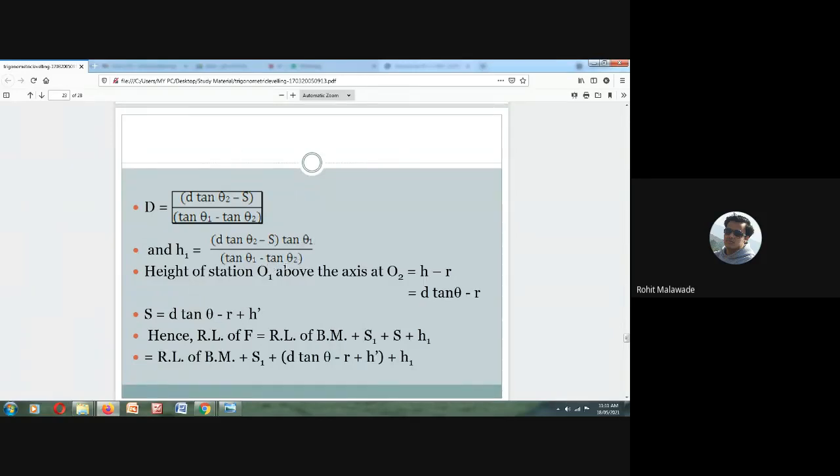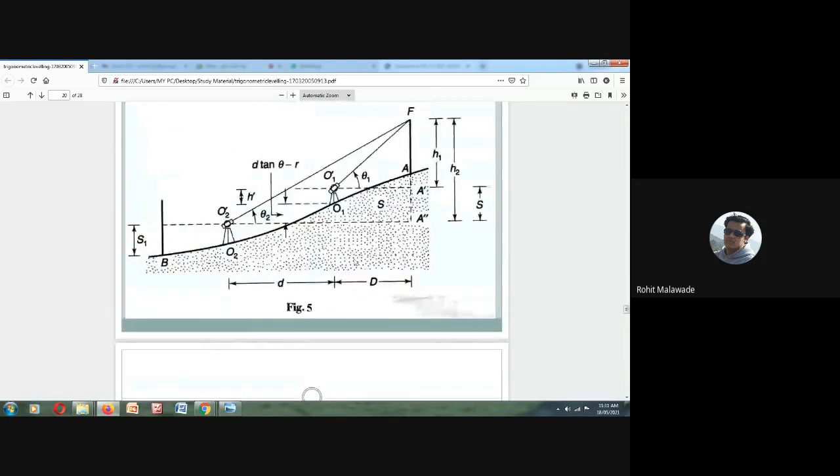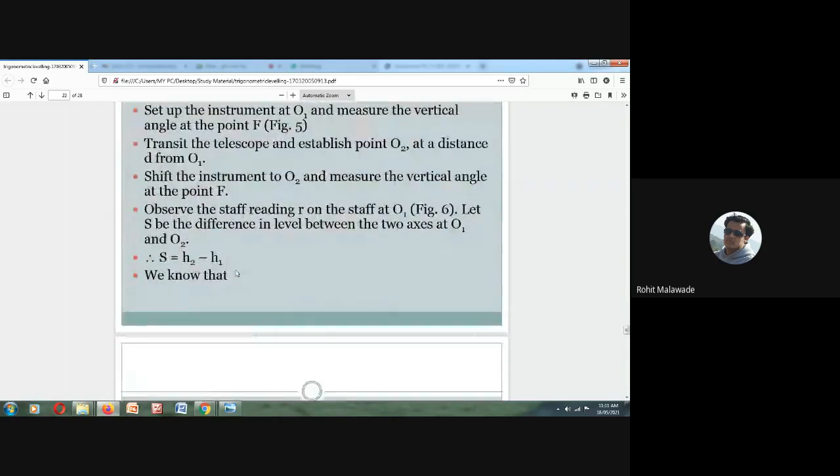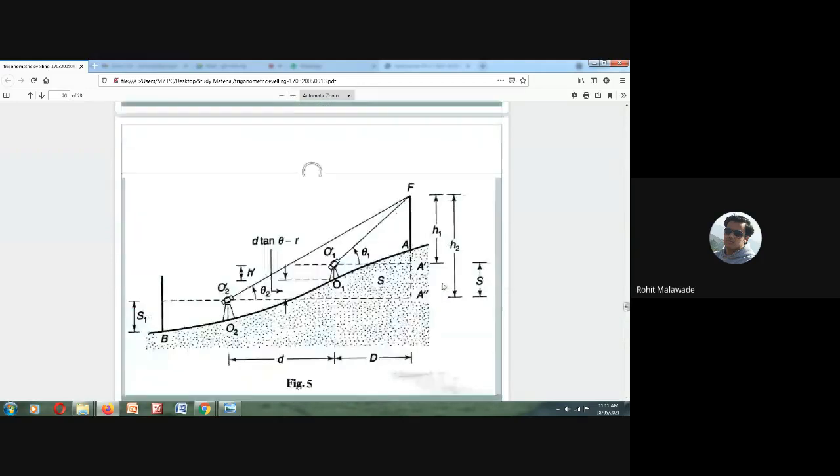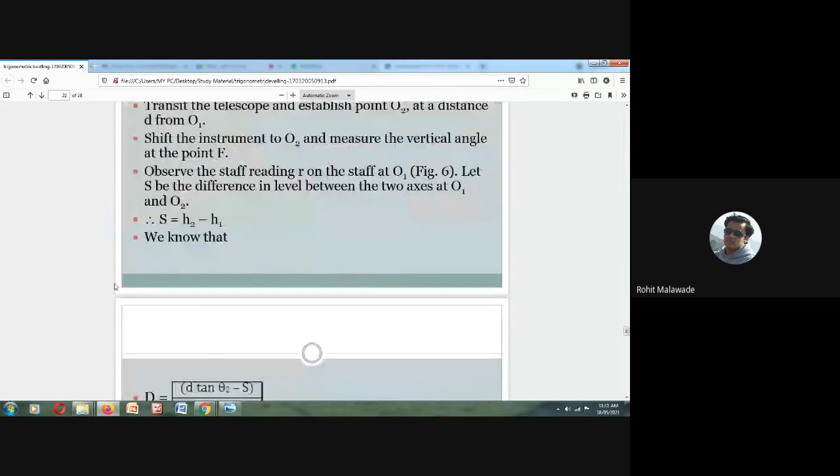This particular thing we need to keep in our mind in order to solve it. D also we should know, and this D can be calculated by using the formula D tan theta 2 minus S divided by tan theta 1 minus tan theta 2. So this height H1 can be calculated by using the formula.